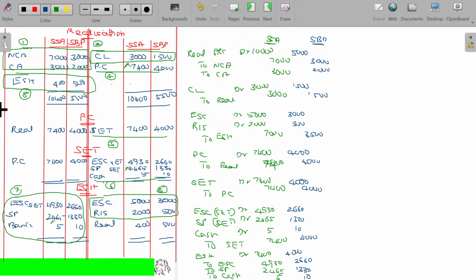The last entry being the loss. Okay, loss. Realization account debit to equity shareholders account. We gain here, realization gain. Okay, 400, 400 and 500, 500.